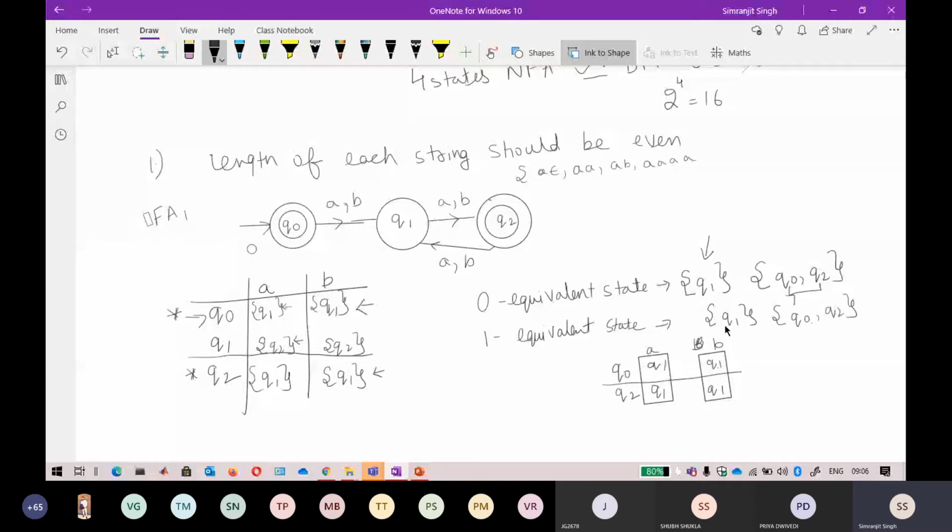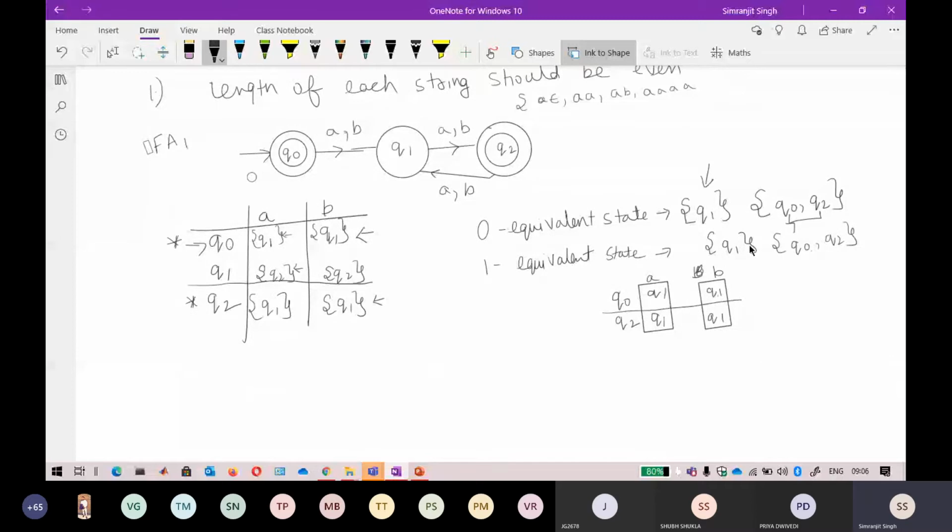So you have to combine these two states, Q naught and Q2. I go back to the original table and combine the two states. Wherever there is Q naught, I combine it with Q2, and wherever there is Q2, I write Q naught. So I will combine these states as Q naught Q2.